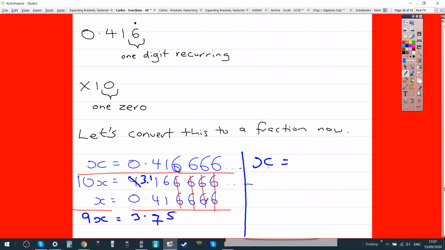And so what is x equal to? So that's 9x. What would be x? So 9x is 3.75. How would you get 1x? Divide them by 9. Yeah. And so we wanted it as a fraction.